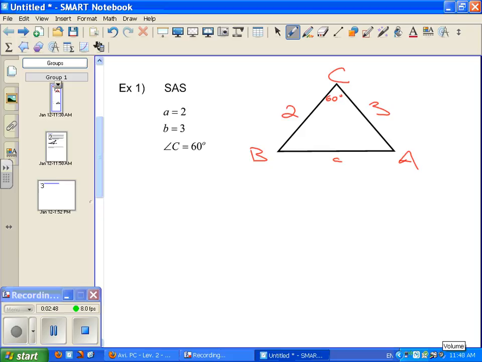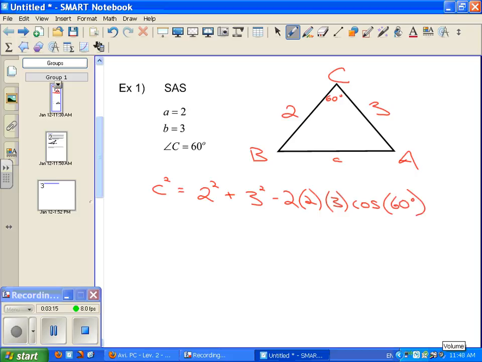All right, so if I plug this into the formula, we know the first part of it is the Pythagorean theorem. So c squared equals a squared. What are we going to use for a here? 2. So 2 squared plus b squared, 3 squared, minus 2ab cosine of angle c.